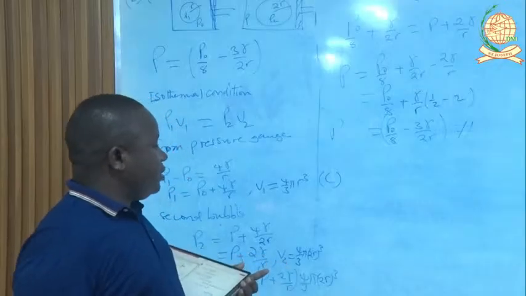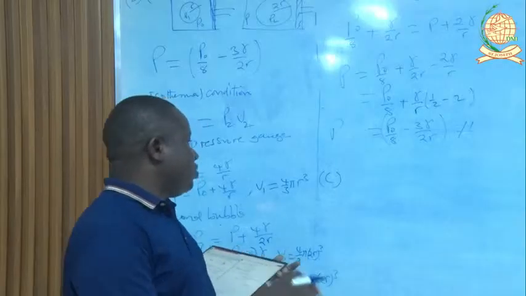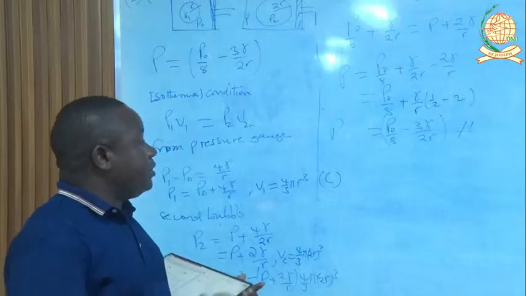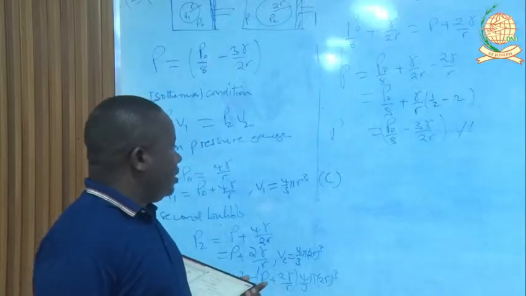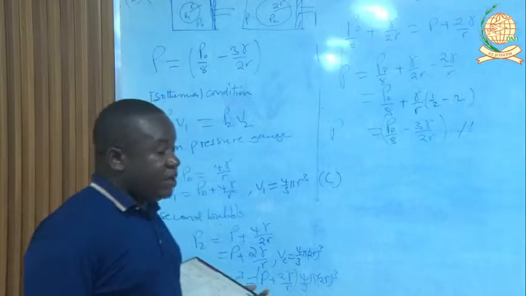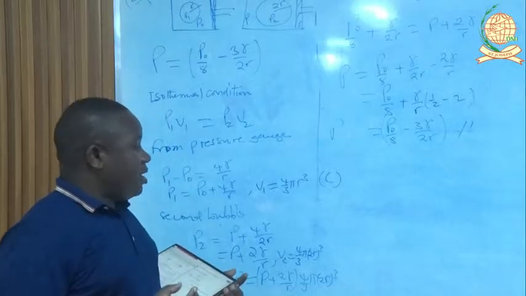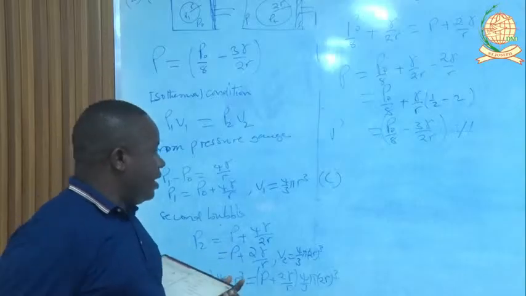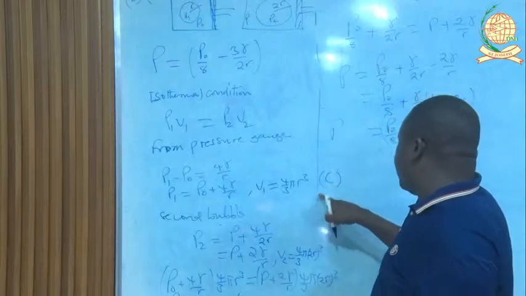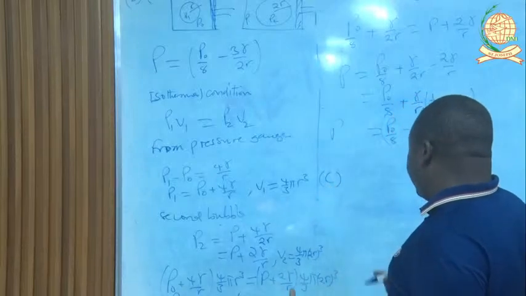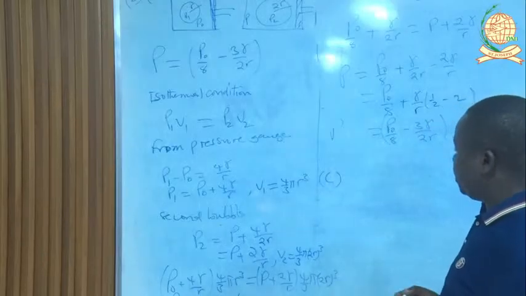So for that reason, water is capable of spreading. But for mercury, it's the opposite. Cohesive force is greater than the adhesive force, therefore they make as small a surface area as possible, which is spherical, to retain its position.